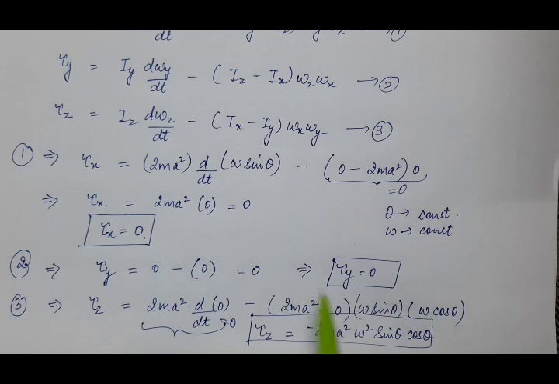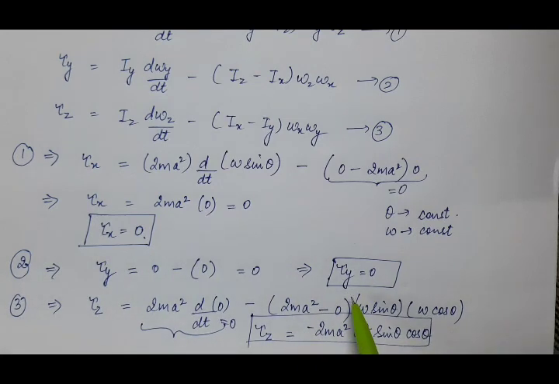Both the x component and y component are 0. This means that to maintain the rotational motion of the two particle rigid rotator, torque must be applied in the direction of the z-axis. That is why only the z component is non-zero. So we have just found the components of torque required to maintain the motion of the rotator.